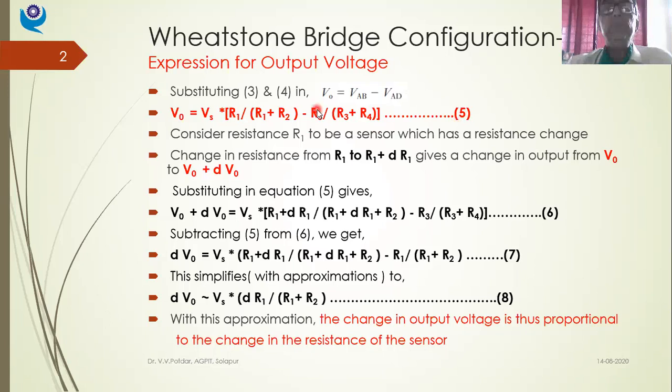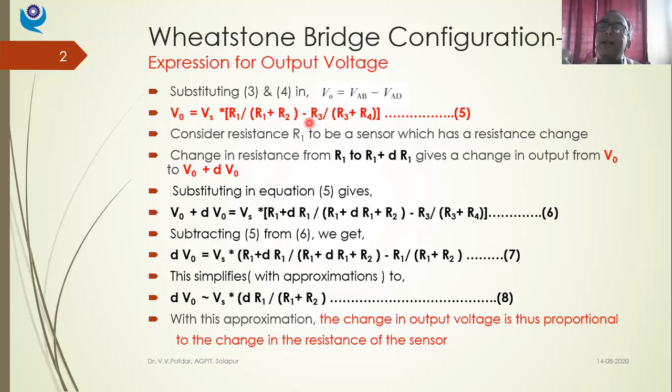Okay. Let us move forward. So now this is the equation for output voltage. Now let us see, when I change resistance R1 by dR1, means what? Originally resistance was R1. After subjecting it to strain or some temperature change, this resistance will change from R1 to R1 plus dR1.